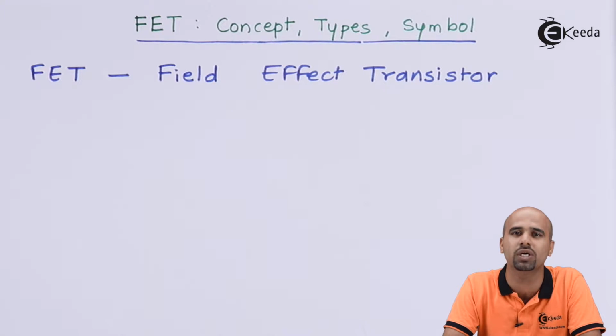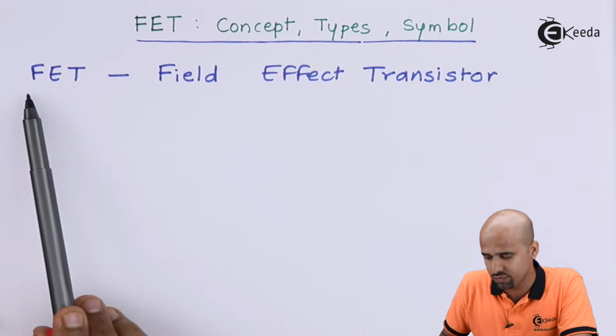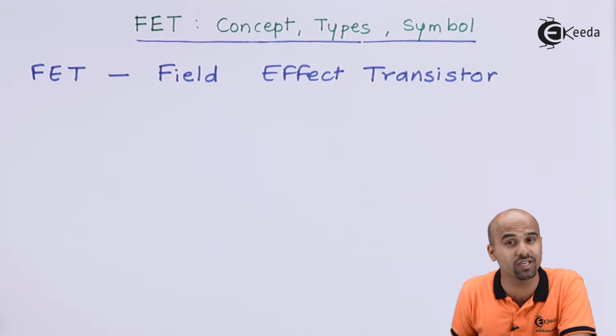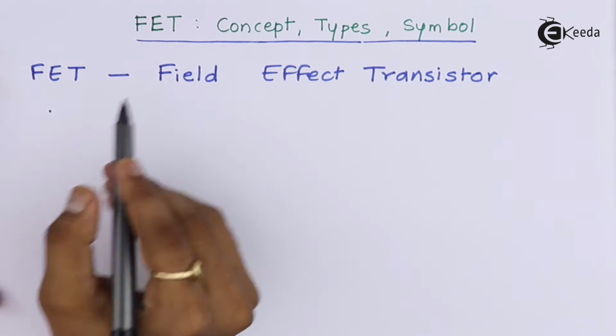It will give you amplification, and it can also be used as a switch, but there are more advantages over BJT, and that's why we are learning FET. So let's come to the full form of FET. It's nothing but field effect transistor. Then how it is different from BJT, we'll have to understand first.